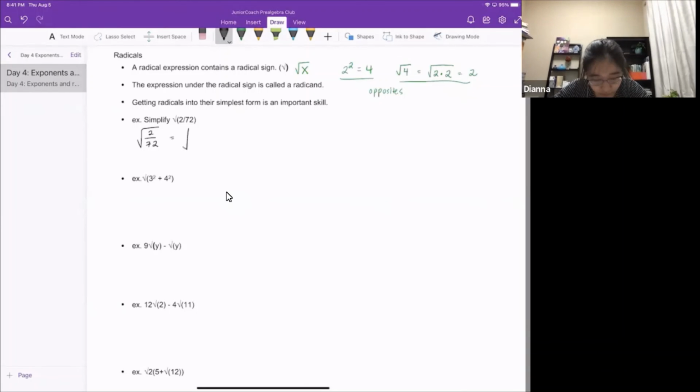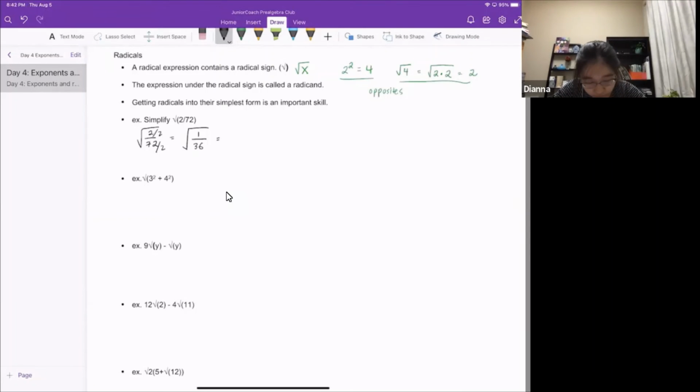Well, first I'm going to notice that I could simplify this fraction, right? 2 divided by 72. I can simplify that fraction because 72 is divisible by 2. 72 divided by 2 is going to be 36. So if I divide both by 2, I get 1 over 36.